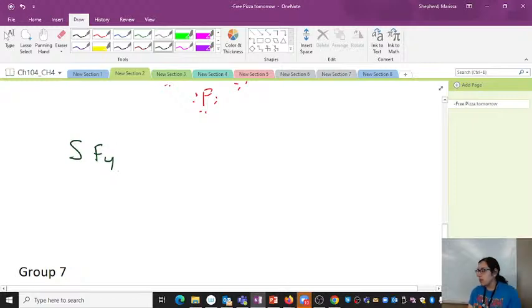See if you can come up with a structure. How many lone pairs does it have? Square planar? Oh, wait, no, not expanded octet, no. Think silently for a little bit, draw it out, count the electrons.